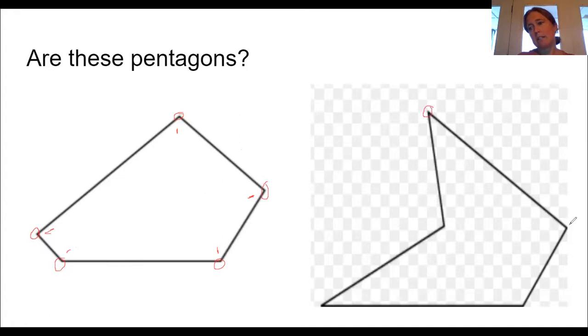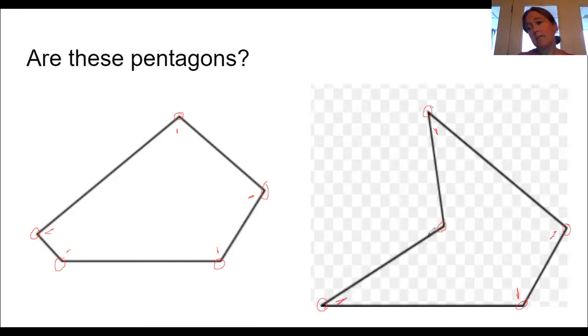1, 2, 3, 4, 5 vertices. 1, 2, 3, 4, 5 sides. And 1, 2, 3, 4, 5 angles.